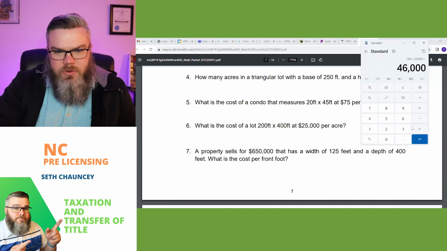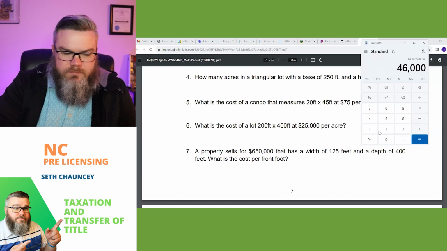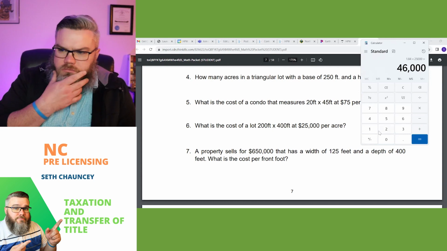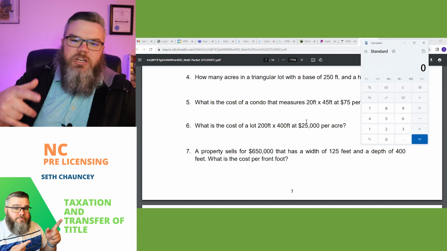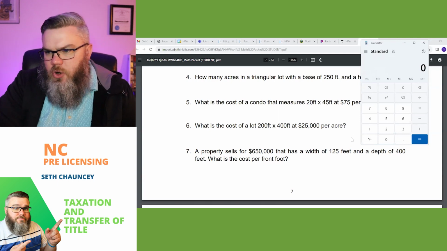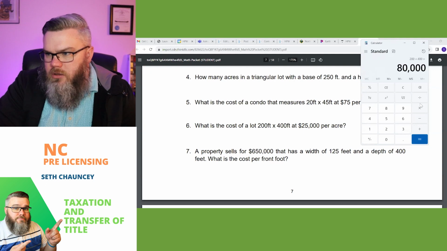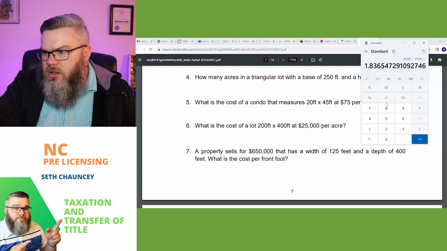It's just because you rounded too high. Well, but the 1.84 is the rounding. Well, like I said, this worksheet is based on 3 decimals. So whenever you get 200 times 400 divided by 43,560, I didn't do it, but I'm telling you it'll never come down to rounding.